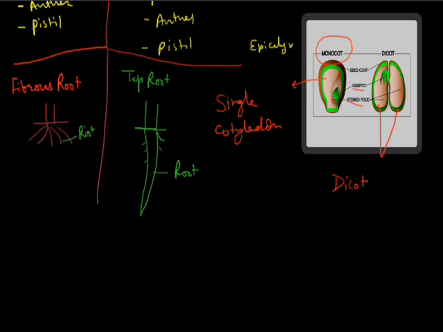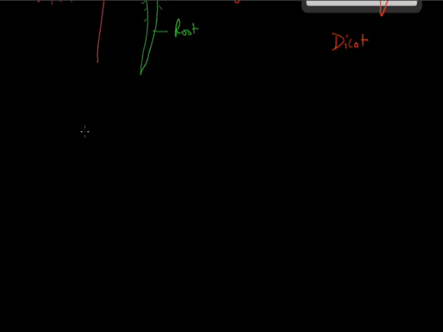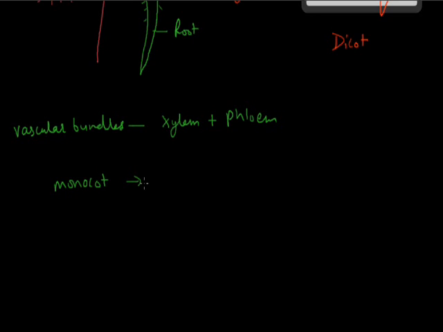Here, one more important thing we can discuss is vascular bundles. What are vascular bundles? Vascular bundles are formed due to the combination of xylem and phloem. When xylem and phloem combine, they are called vascular bundles. In the case of monocot, the vascular bundles are scattered.